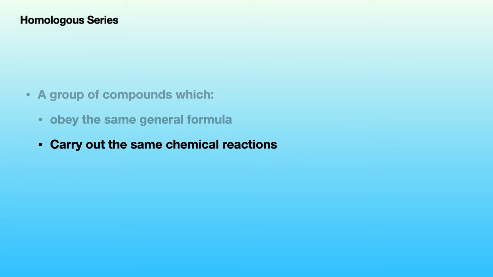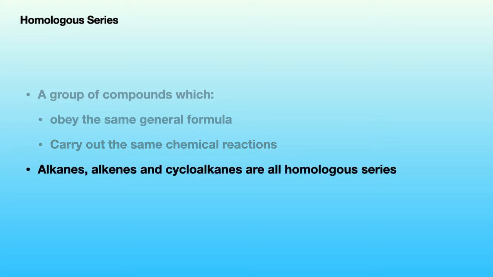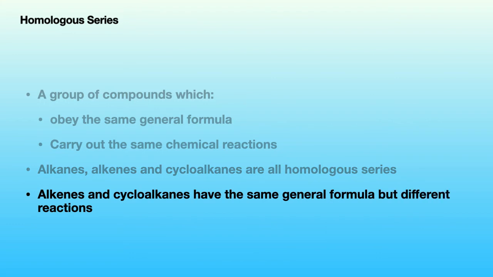And all those families of hydrocarbons we've looked at, they are all homologous series. Now notice, alkenes and cycloalkanes do have the same general formula, but they do different reactions. That's why they're not the same homologous series. They may have the same formula, but different reactions. We'll look at that later.